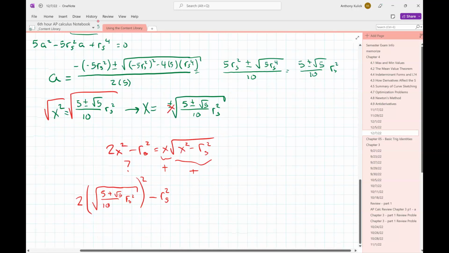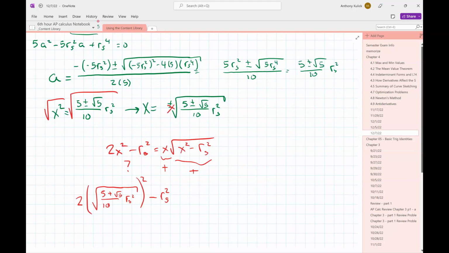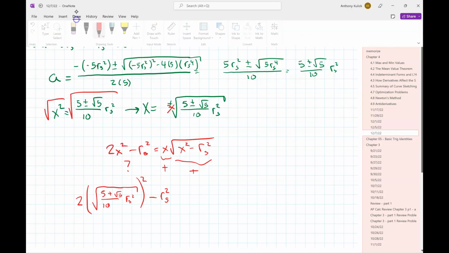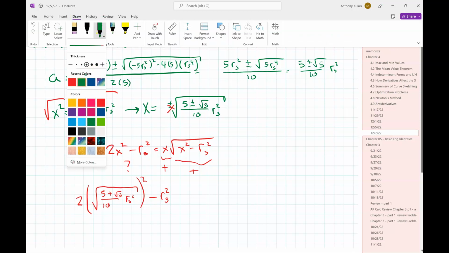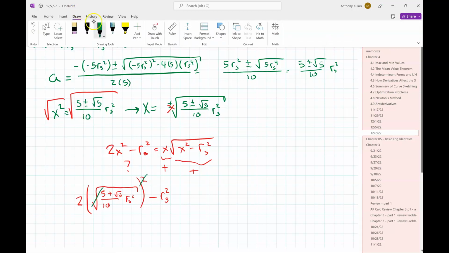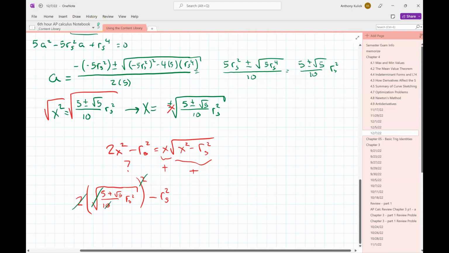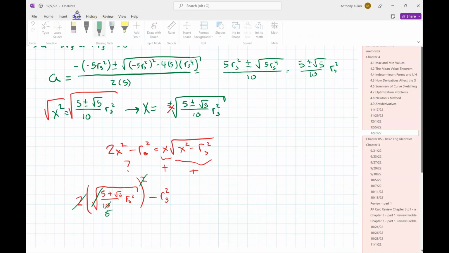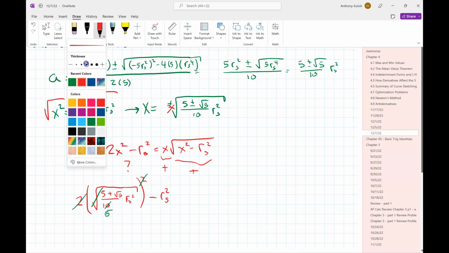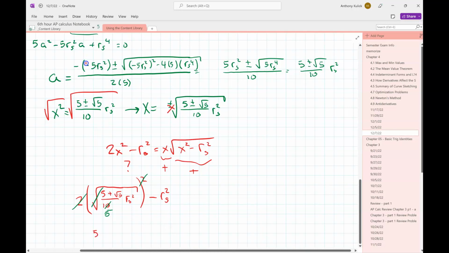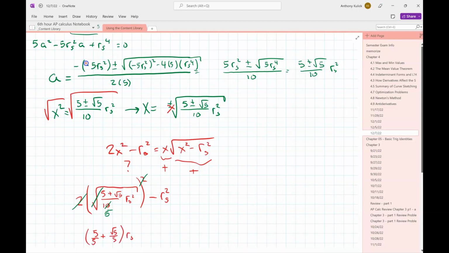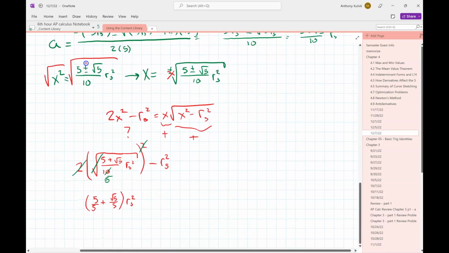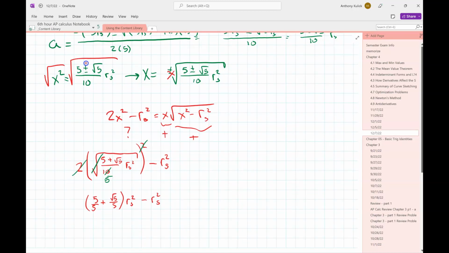So if I do that, the square cancels the square root. And then the 2 can cancel with the denominator there. So I'm left with 5 over 5 plus root 5 over root 5, and then times r squared. Well, it's under the square root.